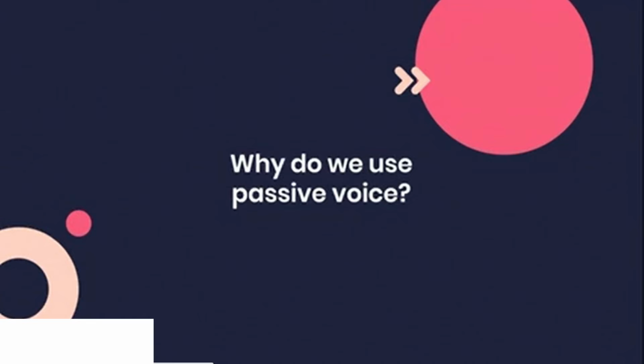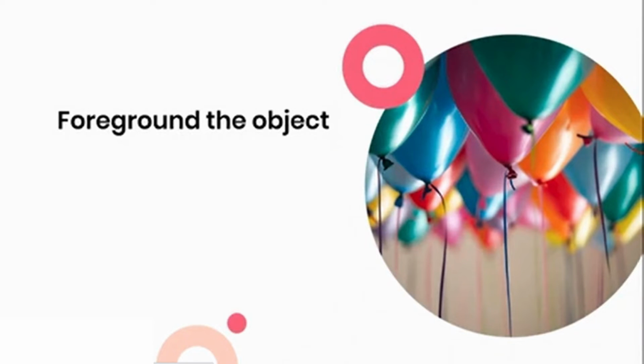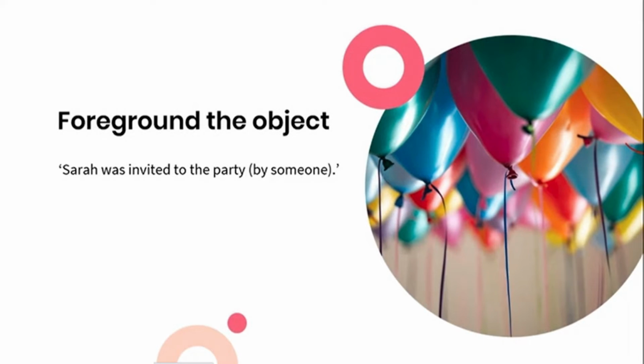We use passive voice for a wide range of reasons. To foreground the object, to take attention away from the subject, and when it's not necessary to mention the subject. Let's look at an example of the first reason to use passive voice, to foreground the object. Sarah was invited to the party.